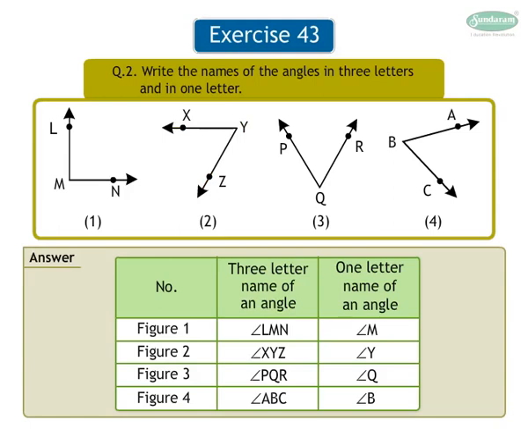The three-letter name of figure 3 is angle PQR and one-letter name is angle Q. Number 4. The three-letter name of figure 4 is angle ABC and one-letter name is angle B.